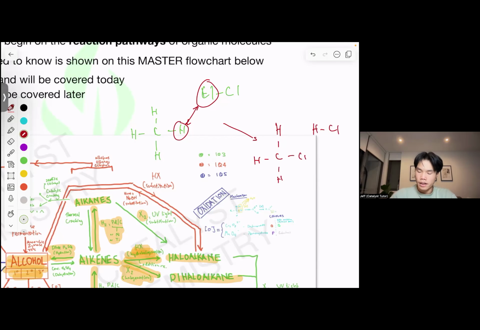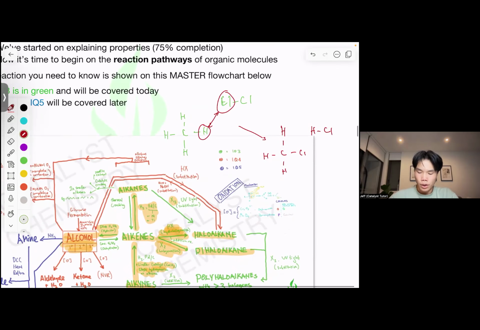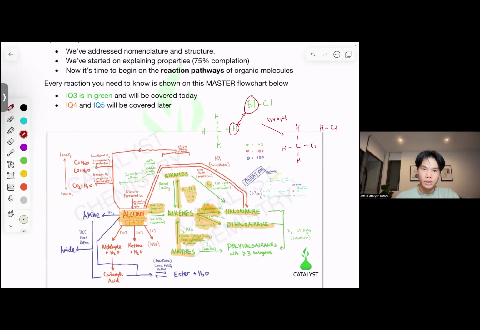So you get a haloalkane and a hydrogen halide as your products. And this requires UV light to proceed.